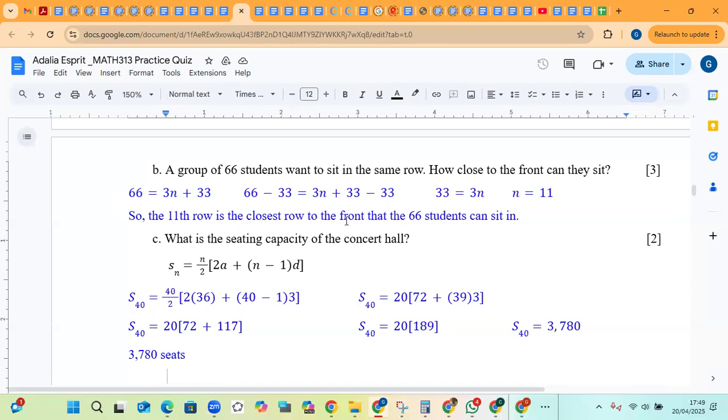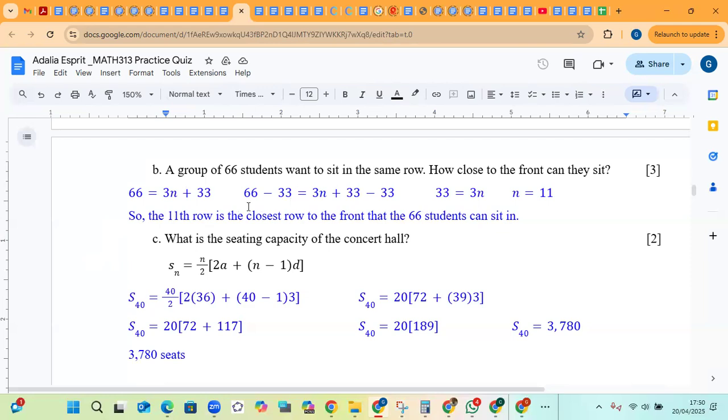We subtract 33 from 66, and that will give us 33. And then we divide by 3 on both sides, because what you do on one side, you must do on the other side. 33 divided by 3 will give us 11. So the 11th row is the closest row to the front that 66 students can sit in for this example.